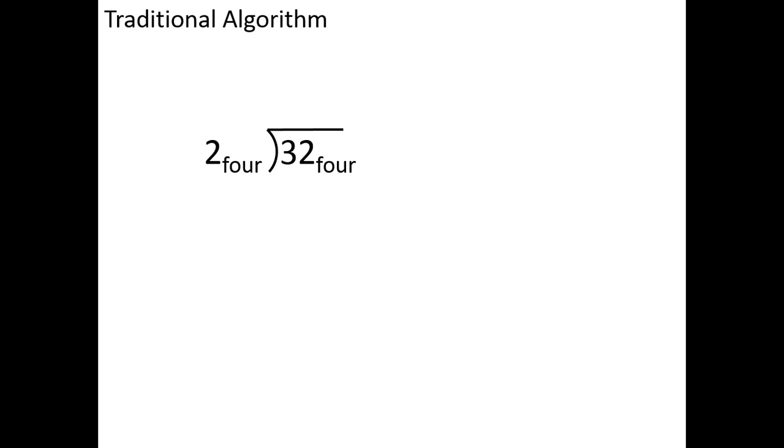Now how do I do this with a traditional algorithm? Well, let's see. I could say I have 3 blocks that are a size of 4. If I want to divide those into 2 equal groups, I can put 1 in each group. That means I've used up 2 of those size blocks, which leaves me with 1 block that's that size of 4. I'd have to break that up and combine it with my 2 blocks that are a size of 1, which would give me, well, let's see.